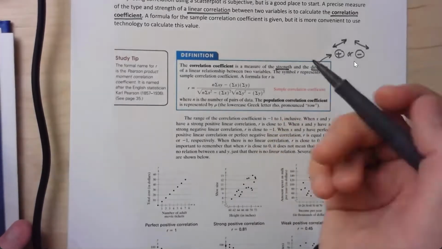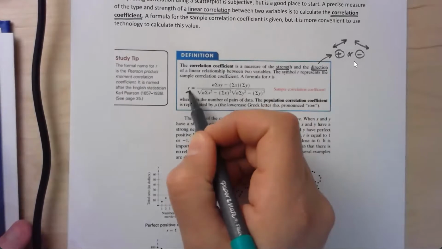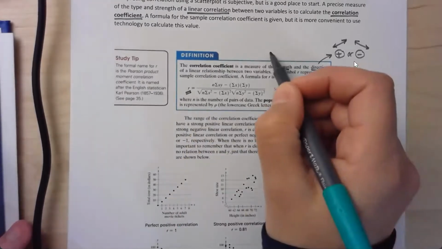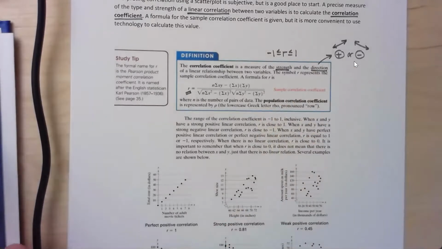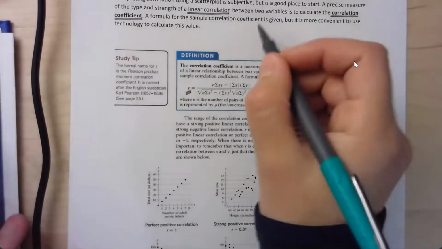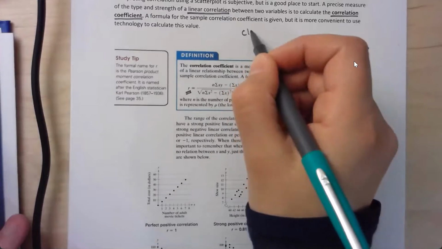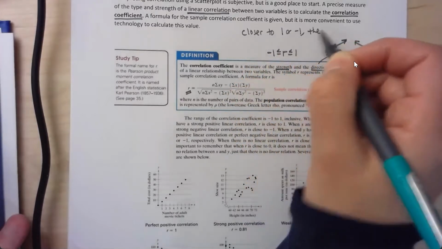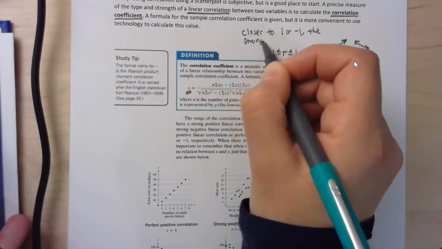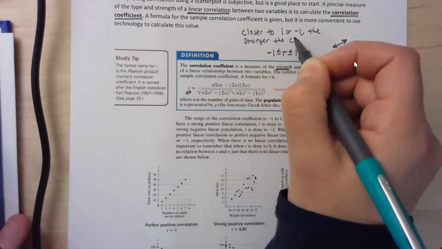The symbol we use is r, and your r value is always between -1 and 1. The closer to 1 or -1, the stronger the relationship or correlation.